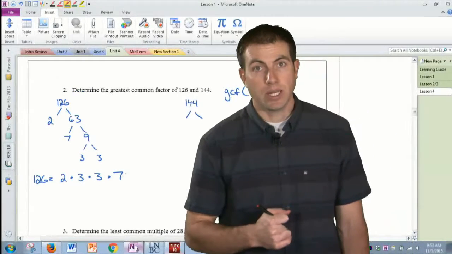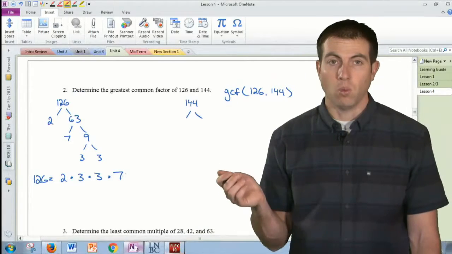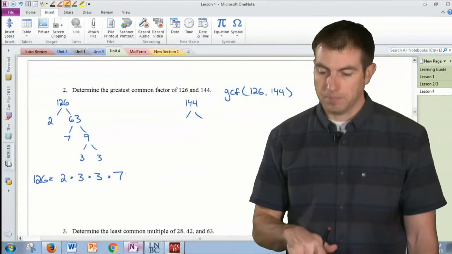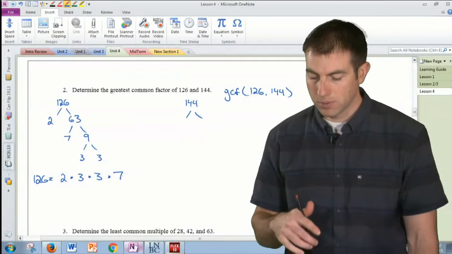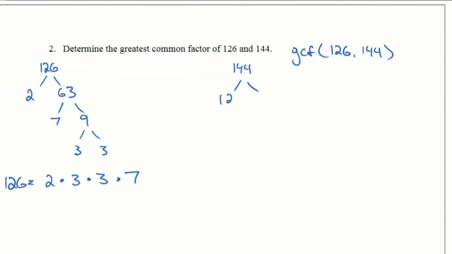144 now. We need to break this down using a factor tree. What are the prime factors of 144? So I know 144 is a perfect square, so I'm going to use 12 and 12 to start. I know 12 is going to be 4 and 3. And then 4 is going to be 2 and 2.